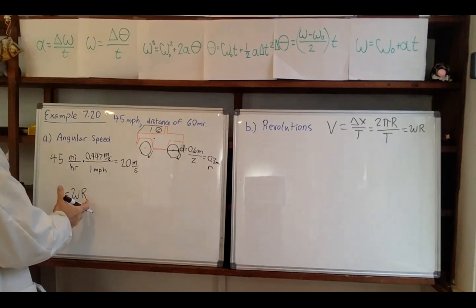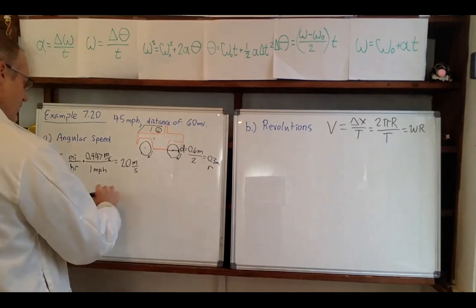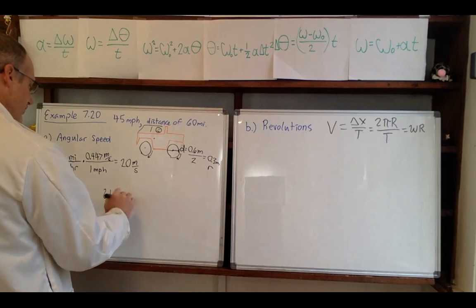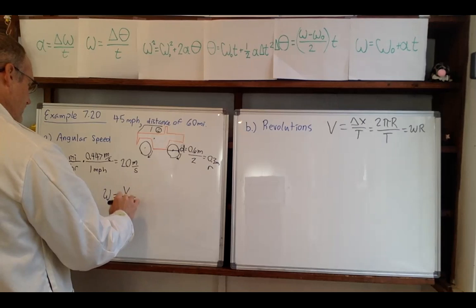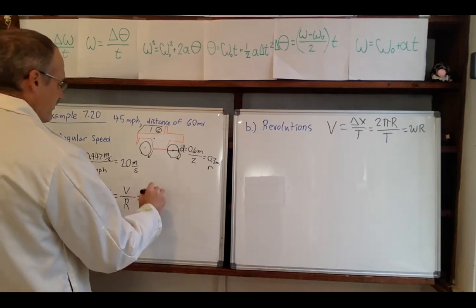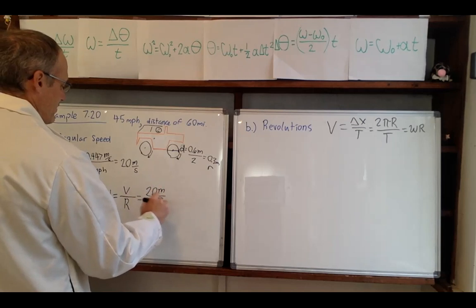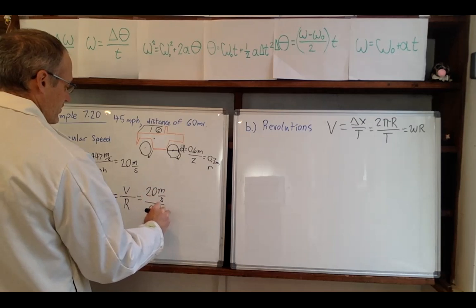And that's the r here. We are looking for w, and we know velocity. We just found velocity is 20 meters per second. So let's set the equation equal to angular velocity, and that's going to be v divided by r. So our velocity is 20 meters per second, and our r is 0.3 meters.